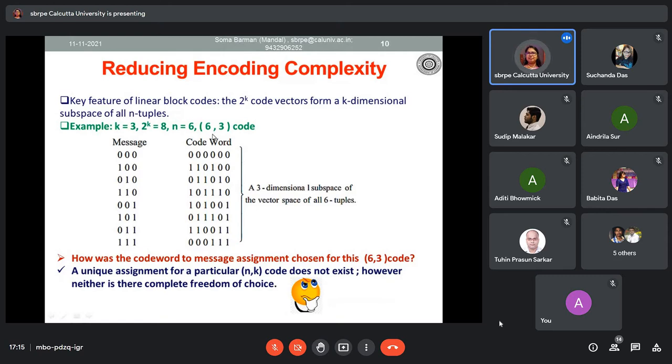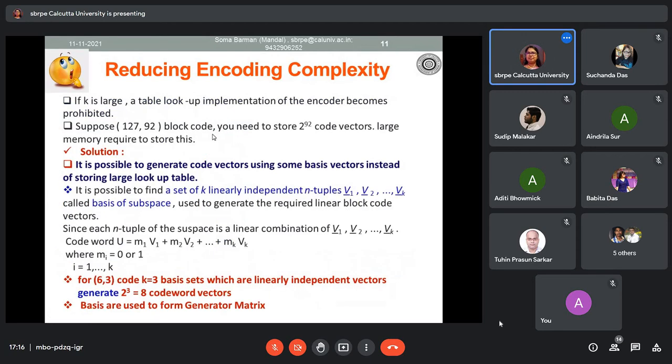And also, if your message bit count is too high, it is very difficult to store this lookup table. So to get rid of this, or to reduce the complexity of the generation of the linear block code, the solution is... sorry.